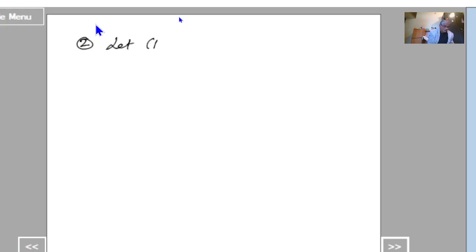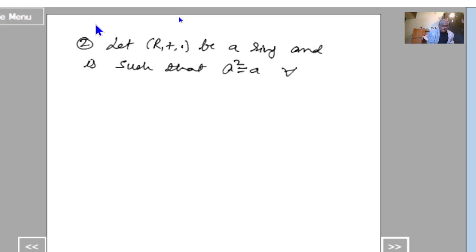Let R, plus, dot be a ring such that A square equal to A, and this is true for all A belongs to R. Then the properties are: number one, A plus A is equal to 0.